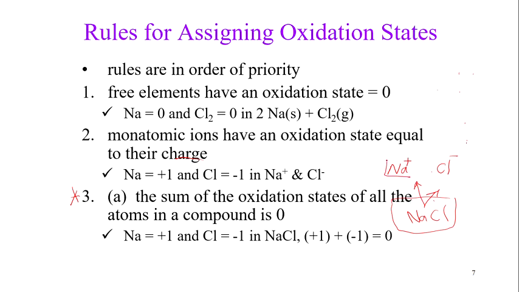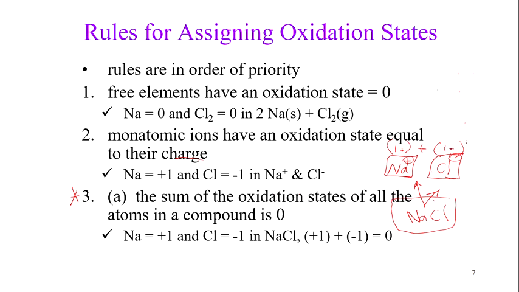Right now, what is the charge for Na1 positive? +1. What is the charge for Cl1 negative? 1 negative. Oxidation number is 1 positive. Oxidation number is 1 negative. Summation of these two: it says the sum of the oxidation states of all atoms in the compound is 0.